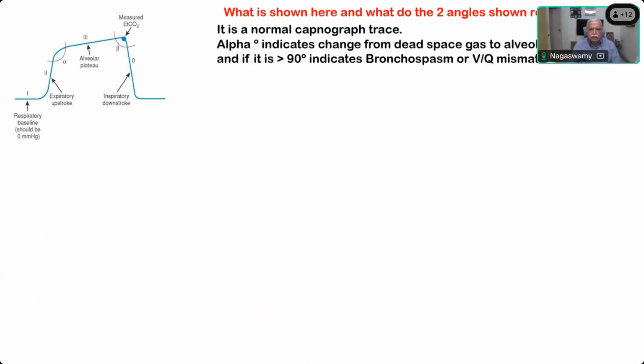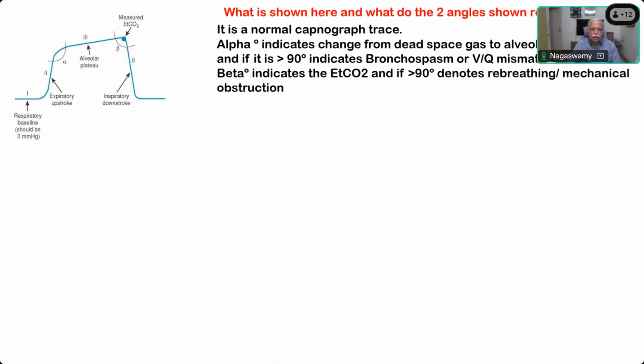The alpha angle indicates change from dead space gas to alveolar gas, and if it is more than 90 degrees, it indicates bronchospasm or VQ mismatch. The beta angle indicates EtCO2, and if more than 90, it indicates rebreathing or mechanical obstruction. These are the indications of that.